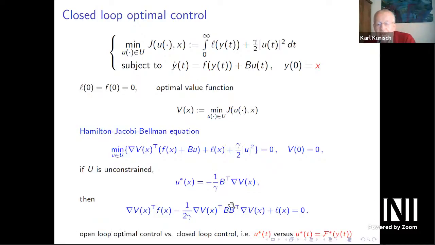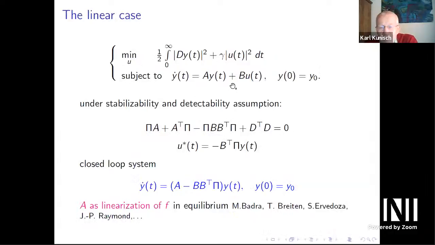We really need to distinguish between open loop control, where we consider this as nothing but an optimization problem for the variables y and u, and closed loop control, where the control is expressed as a function of the state variable. Once we have it, we can take this function, plug it in here, and do what's called close the loop. To continue on this, let us, as a special case, look at the linear systems with quadratic cost.